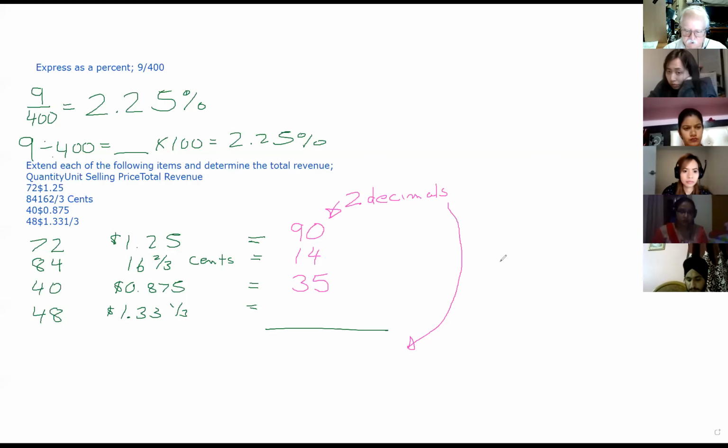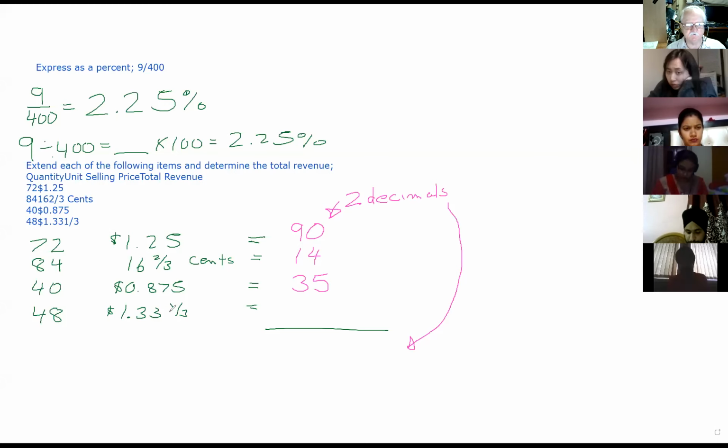Let's take another look at another way to solve this. If we have 33 and a third percent of something, we'd have 1/3 of it.